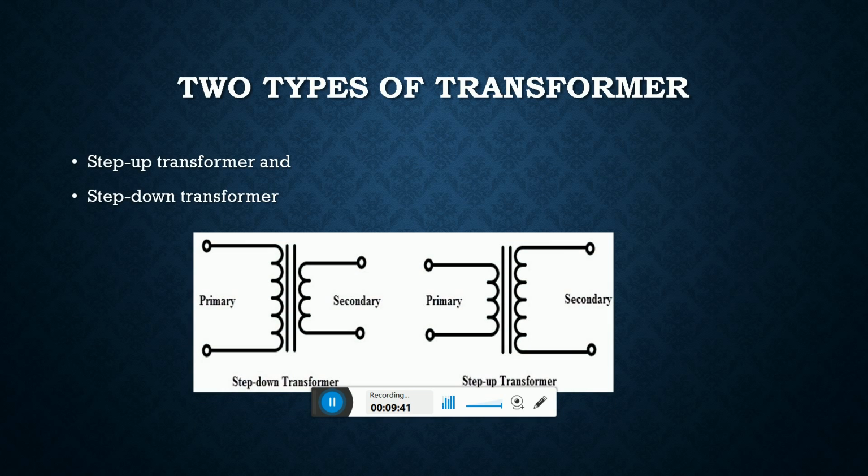They are classified by the number of turns in the primary and secondary coil. When the primary coil has fewer turns than the secondary coil, it is a step up transformer. When the primary coil has more turns than the secondary coil, it is called a step down transformer.